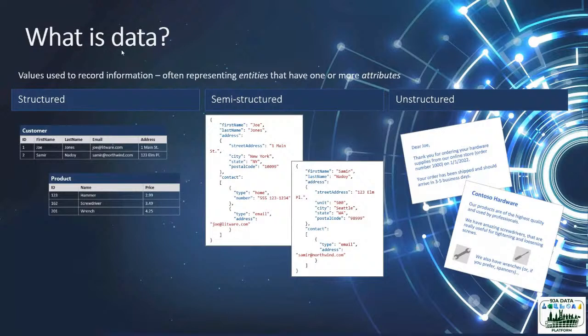So semi-structured data is information that has some structure but which allows for some variation between entity instances. I'm trying to simplify it.